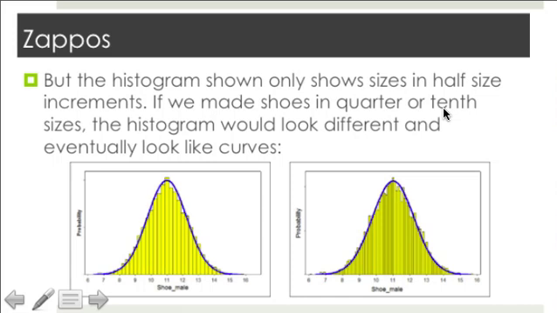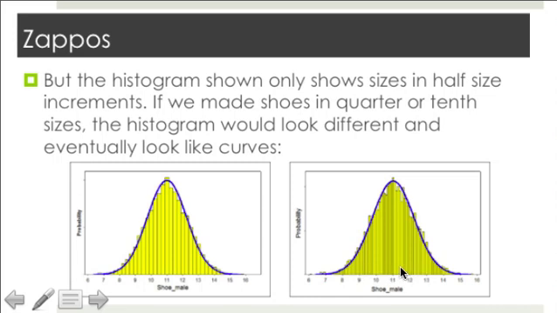But if we could do that, the histograms that we would get would look very different and begin to actually look like curves. Over here on the left you see shoe sizes that are broken up by quarters, and over here on the right you see shoe sizes that are broken up by tenths. And clearly you can see over here there are a lot more rectangles because there are a lot more sizes of shoes to take into account.